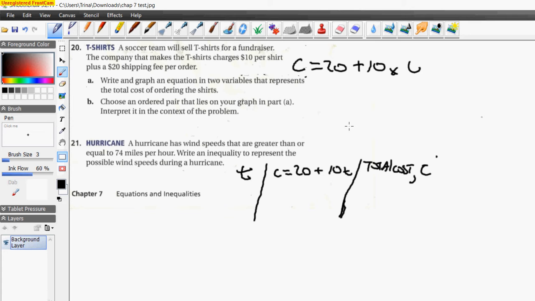And then I'll put something right here. This is just a small little graph so you can understand exactly what's going on. Ordered pair. We're going to say the ordered pair. What is that? The ordered pair would be, of course, the t-shirt and the actual cost of the t-shirt.